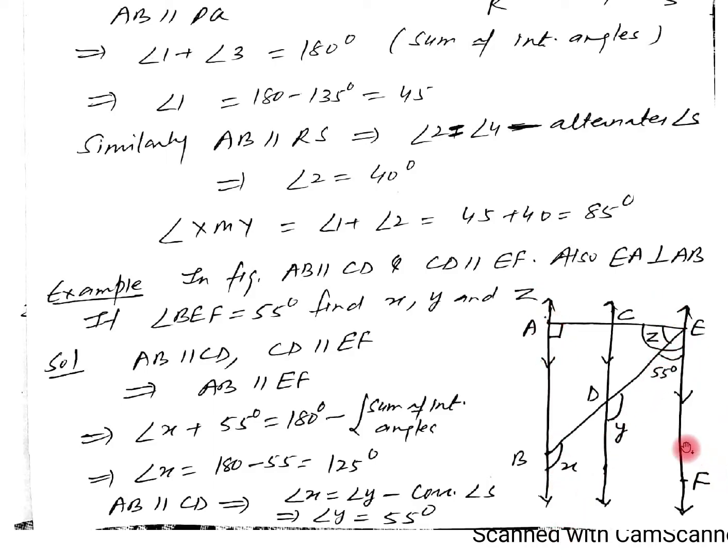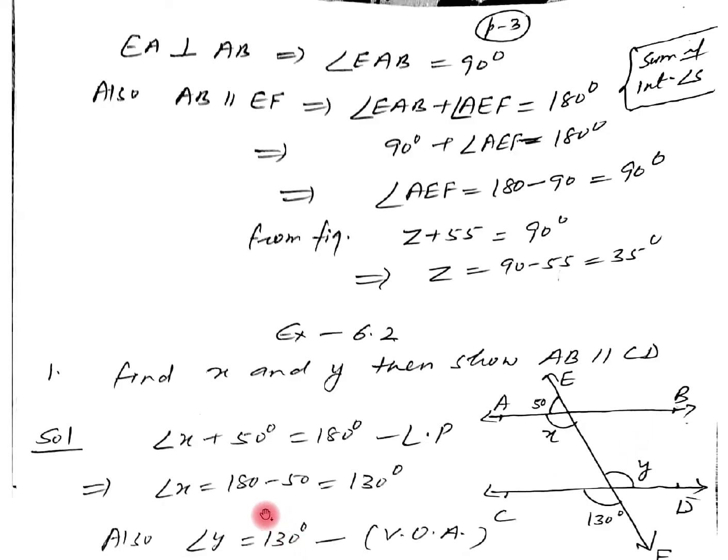Again AB parallel to EF, so the sum of this angle plus this angle must be 180 degrees. Putting in 90 degrees, we get angle AEF equal to 90 degrees. The whole angle is 90 degrees and this part is 55 degrees. Therefore the value of Z equals 90 minus 55 equal to 35 degrees.